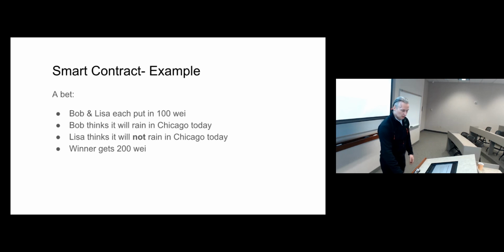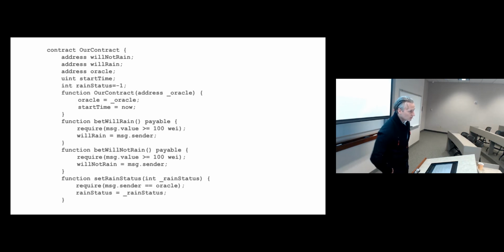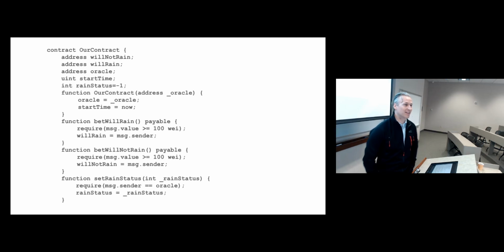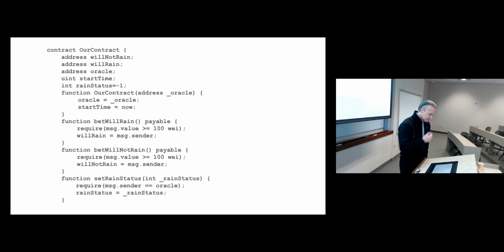Okay, so let's look at the code. I need you to write this kind of code for our final exercise. You might say, whoa, what's this? Okay, so let's start going through it line by line. First of all, we're setting up this as a contract. By the way, I'll give you a line-by-line item with all the downloads that you have to do, every step-by-step analysis later on in this lecture.